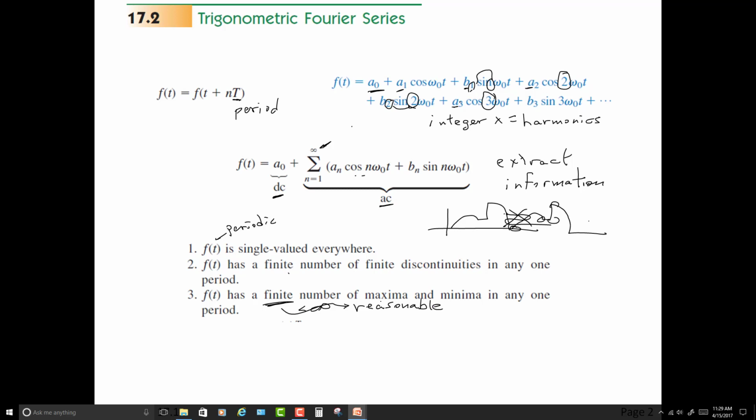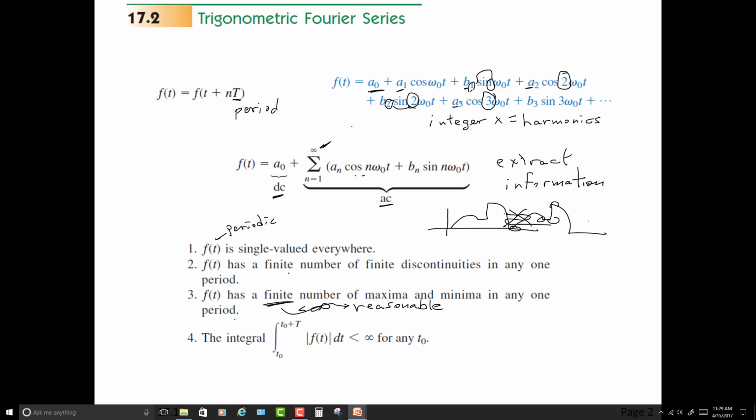If that gets too large, pretty soon the visualization, the connection, what terms are important, what terms are not important, becomes much more difficult to read and to keep track of. So I tend to think of finite as mathematical code language for reasonable. And finally, the integral from t0 to t0 plus tau.